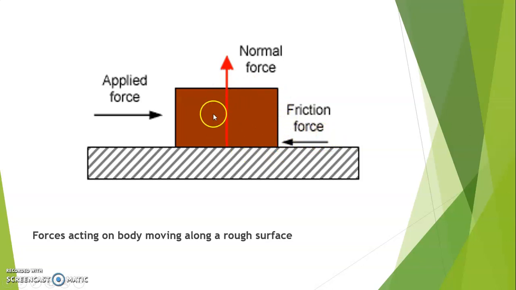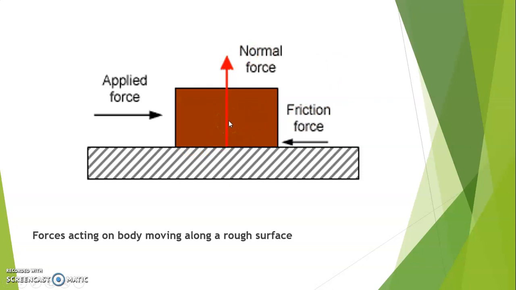Then another force that is present on this body, as indicated, is the normal force that is acting in the upward direction. The normal force actually comes from Newton's third law of motion that says that for every action force, there is always an equal and opposite reaction force. In this case, the action force is the weight of this body or the block itself.